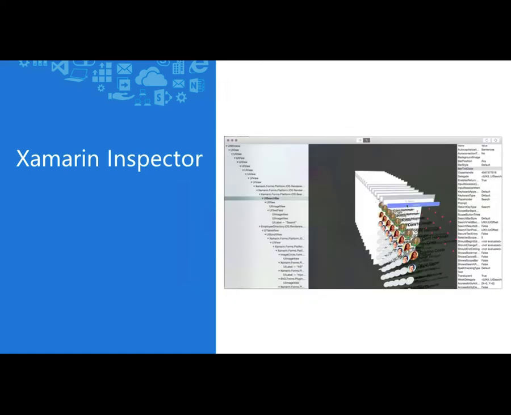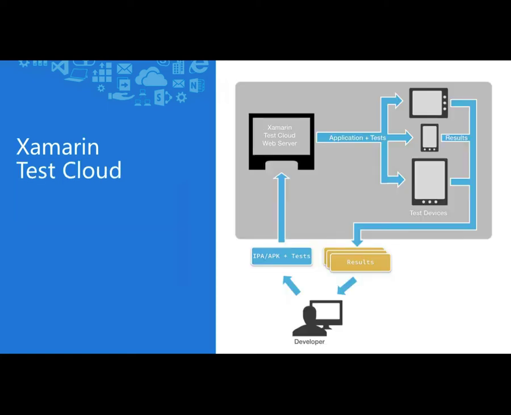And also Xamarin Inspector, you can inspect a piece of UI, not only Xamarin Forms, but also WPF applications, as layers and change the properties on the fly. And also Xamarin Test Cloud, you can run all the applications on real devices hosted in the cloud.